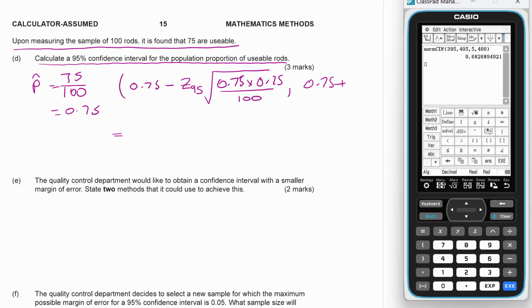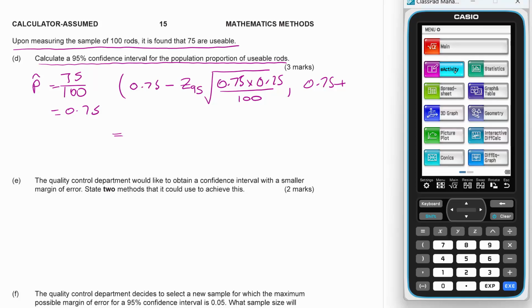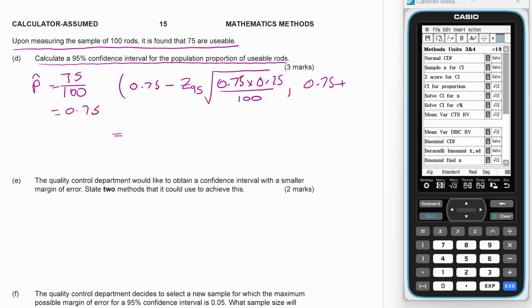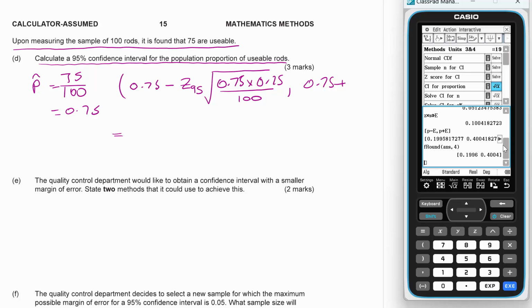We've got e-activities that can do this type of thing. So we'll go into the e-activities. So I think we can go in here, confidence interval for proportion. So we had 75 rods out of 100 rods.